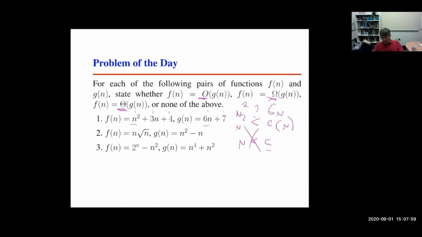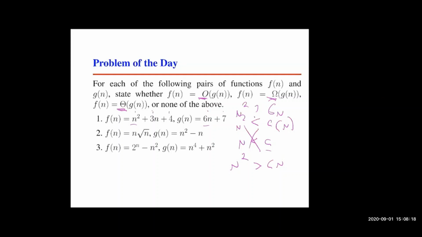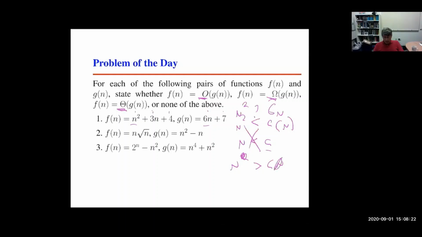Well, if it was the omega, the sign would be different. Can we argue that beyond some n naught, there exists a c such that c times n is going to be less than n squared? Yes. If we cancel the n's, again, is there some point beyond which n is always greater than c?